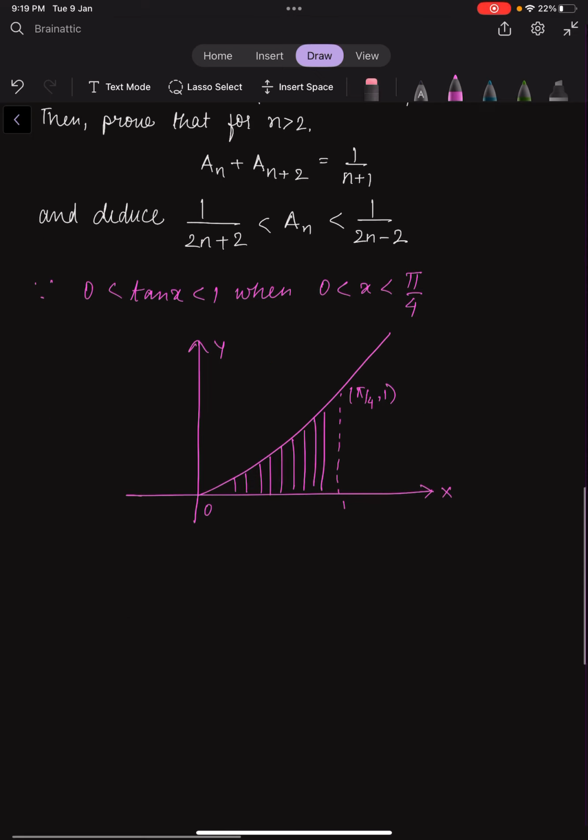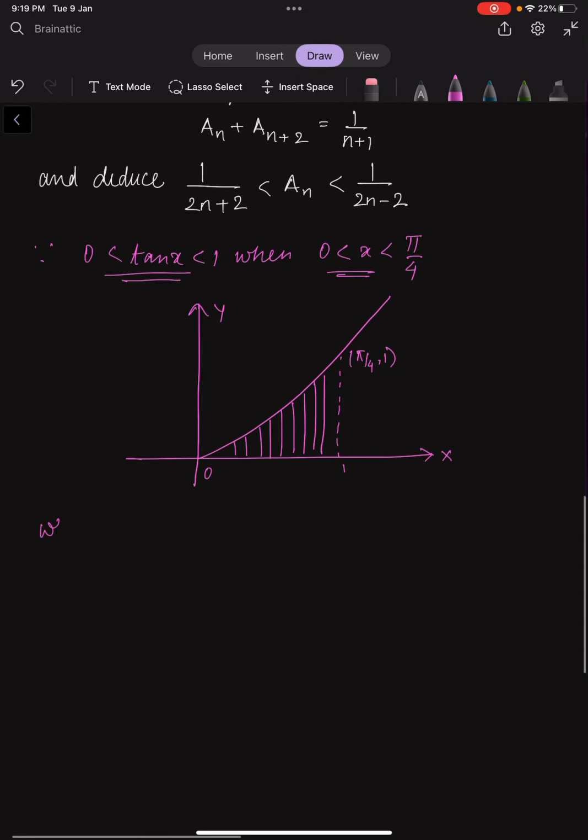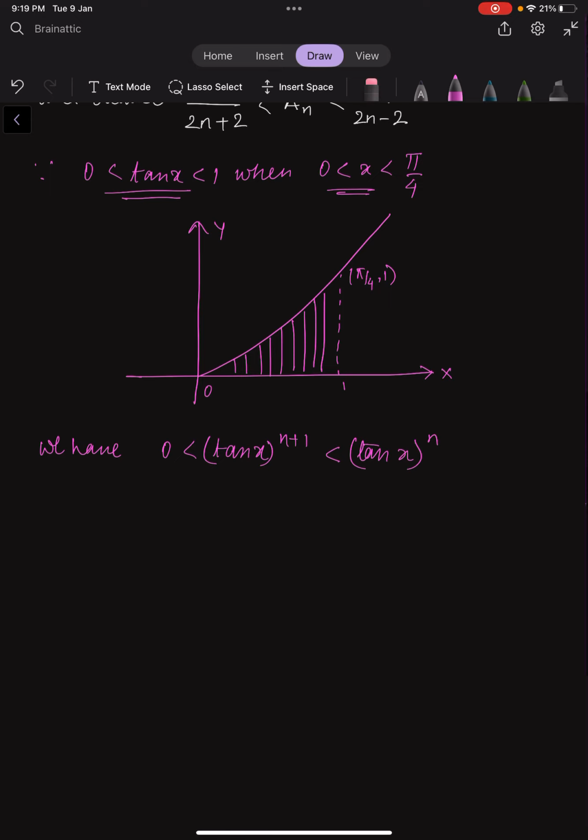So we know that since 0 is less than tan x less than 1, tan x will lie between 0 and 1 when it is in the range 0 to pi by 4. We have 0 less than tan x to the power n plus 1 is less than tan x to the power n. Obviously, for a fraction, increasing the power will reduce the value of the fraction when n belongs to natural numbers.